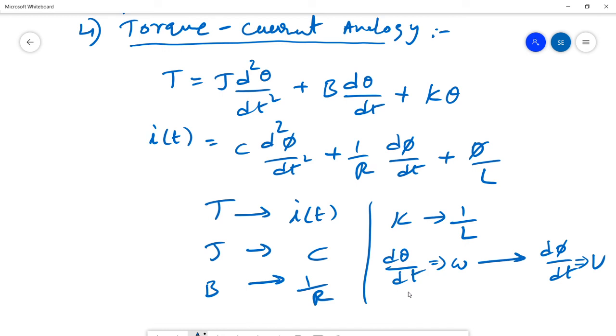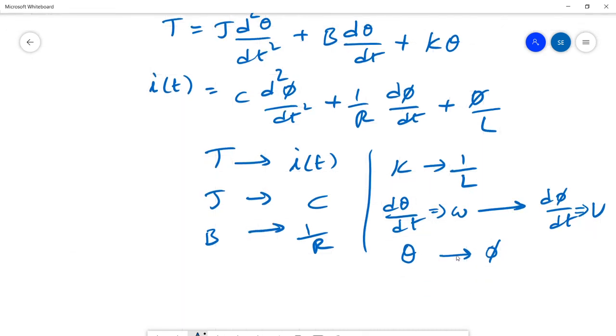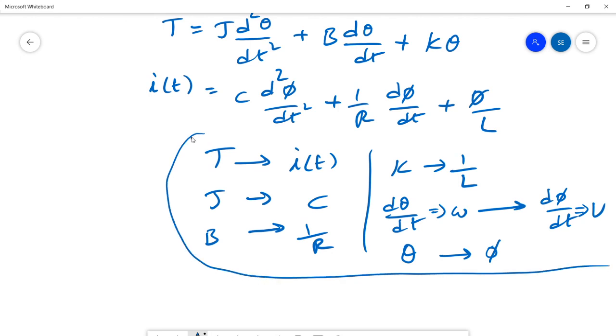Phi. Theta is analogous to phi. Angular displacement is analogous to flux. So these are the terms for torque to current, right?